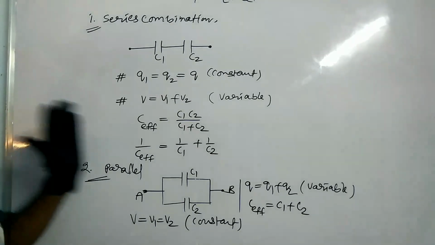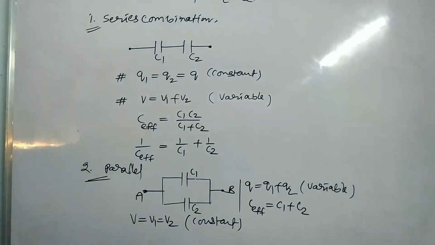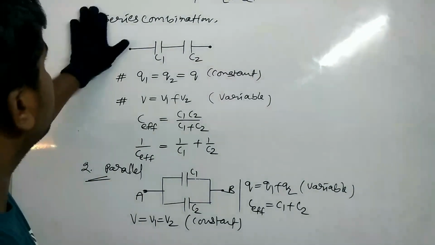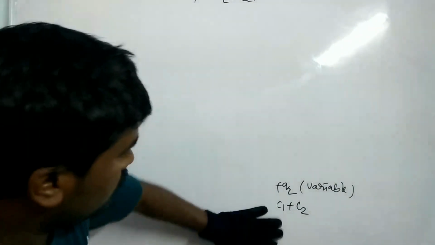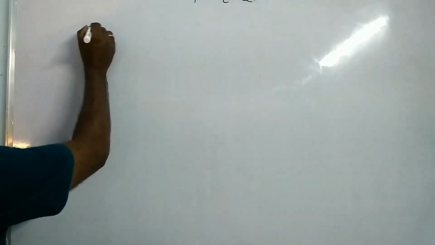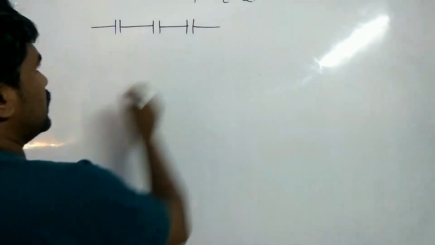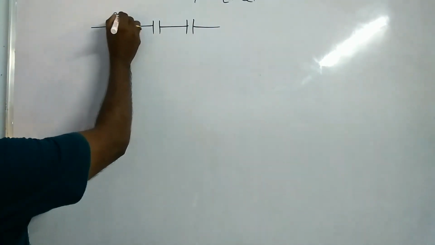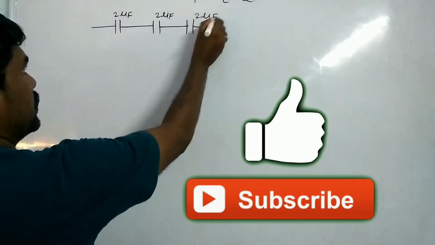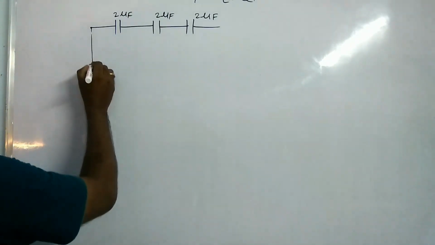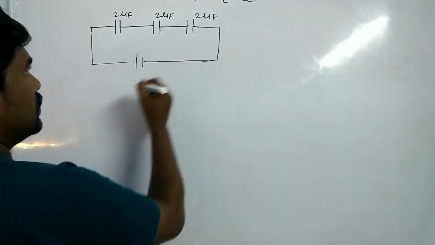Let us see some examples of circuits, how we can find the equivalent capacitance in different circuits. First, suppose there are three capacitors, each of 2 microfarad capacitance, connected to a battery of 6 volts.